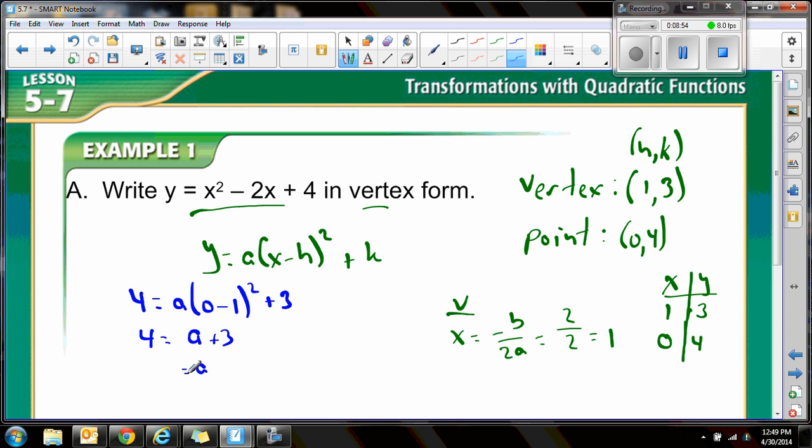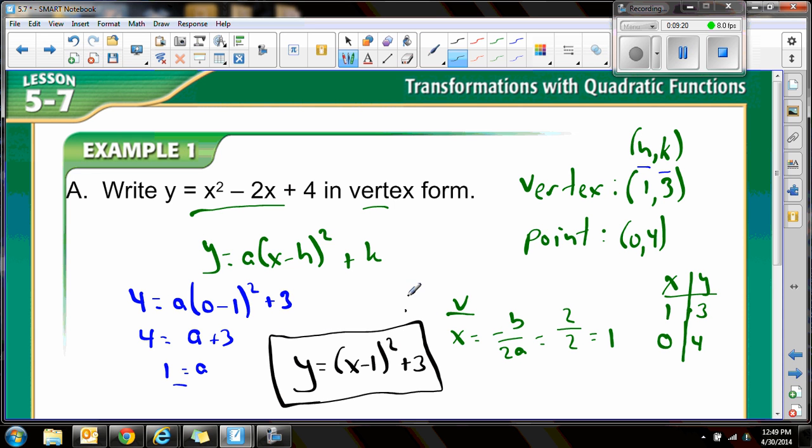So a would equal 1. I now know a, I now know h and k, which means my final equation is y equals 1 times x minus 1 squared plus 3. And there it is.